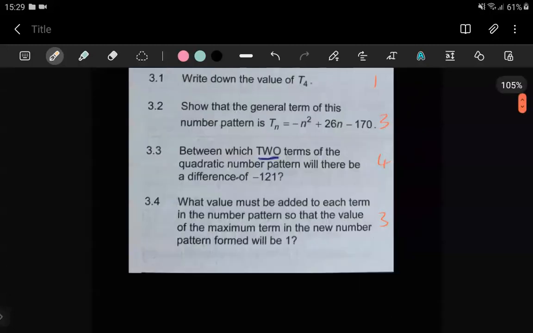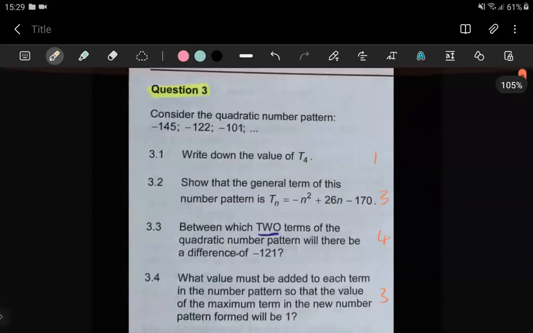Okay, so I'm assuming you got T4. T4 was negative 82.